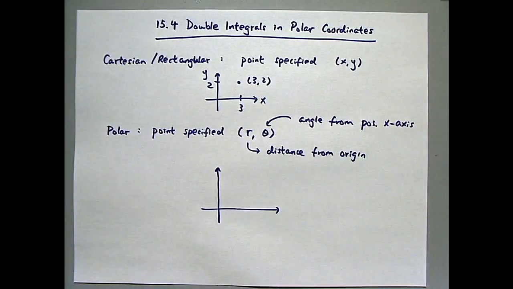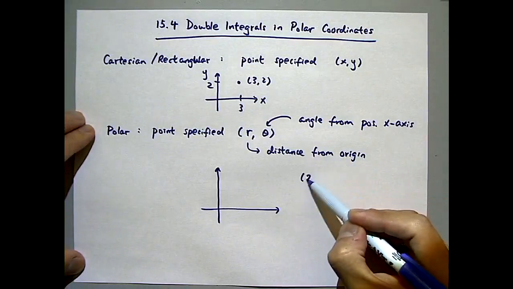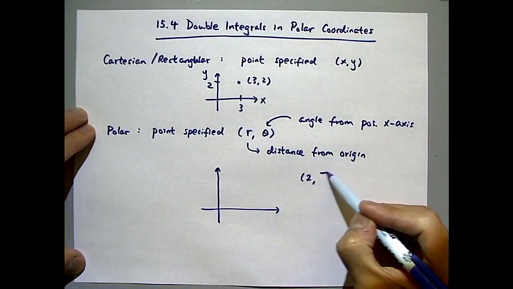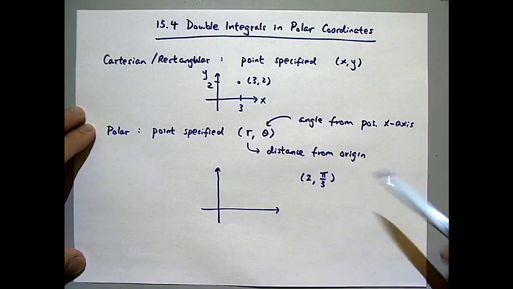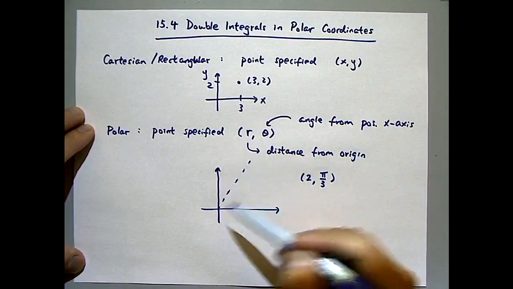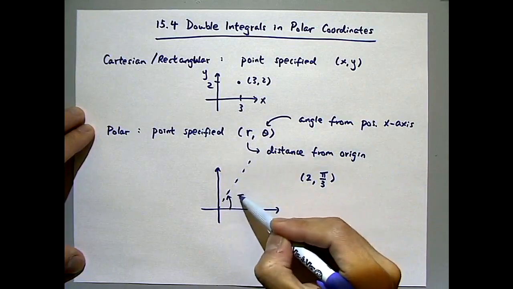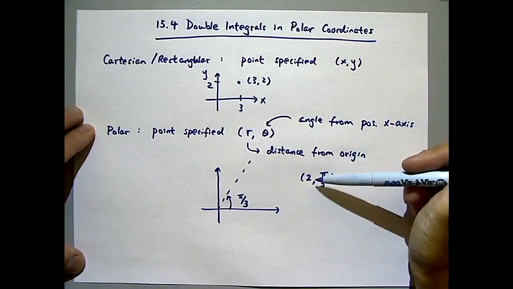For example, the point in polar coordinates (2, pi/3) means first we locate the angle pi/3, which is over here. Then we put a point down that's 2 units away from the origin.